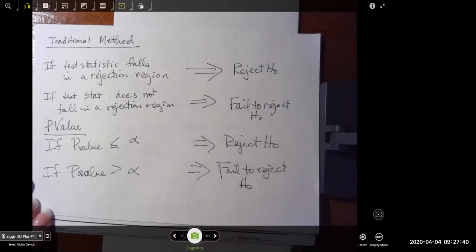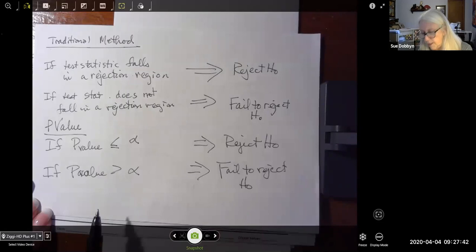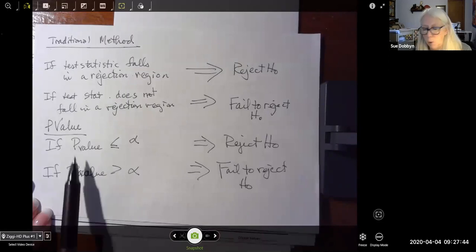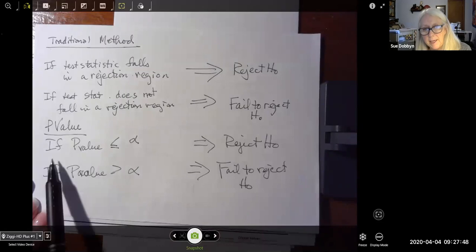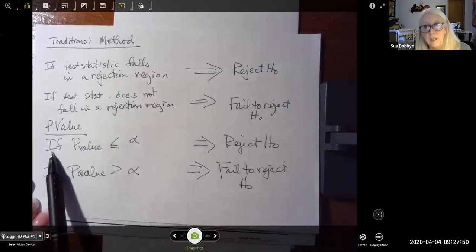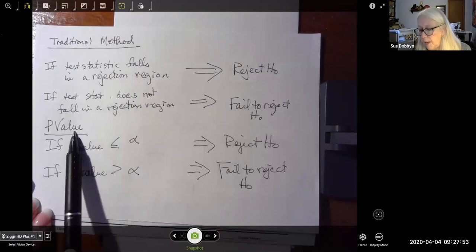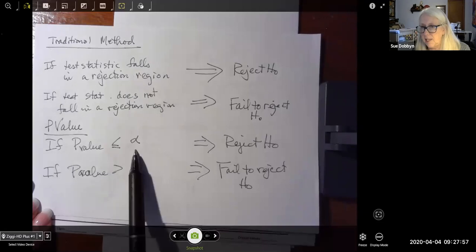You will mostly be using the p-value method that StatCrunch supports, okay? Which means you will be determining this thing called a p-value. It's listed in the results from StatCrunch. And if the p-value is less than the significance level, which is alpha, then you reject the null hypothesis.